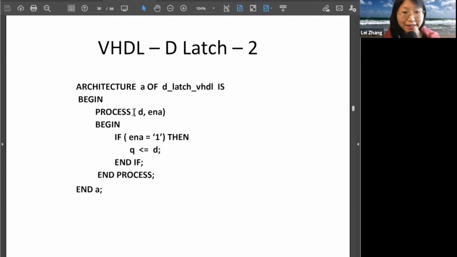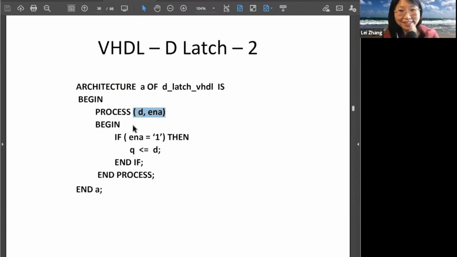So this is a sensitivity list. Let's have a look at the values here. D and ENA are the input signals we listed in the port. As long as they change, this process will run because we now have them in the sensitivity list.